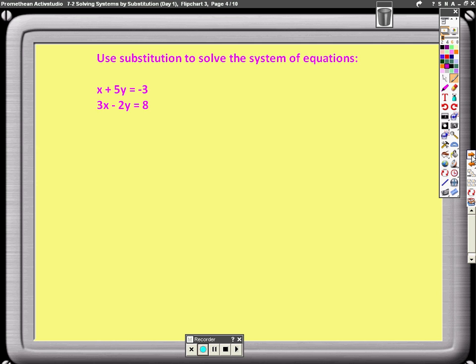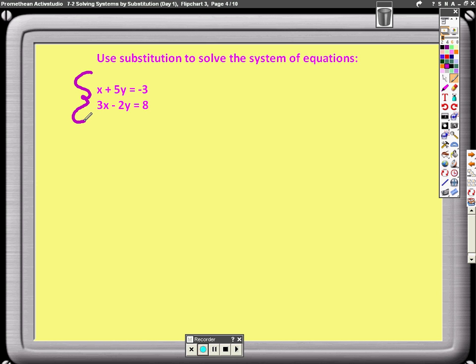Now, here we have an example where we do not have a value for either of the variables. So what we're going to do is look at these two equations and find which equation I can use to isolate one of the variables.